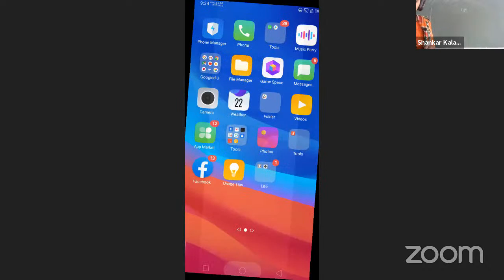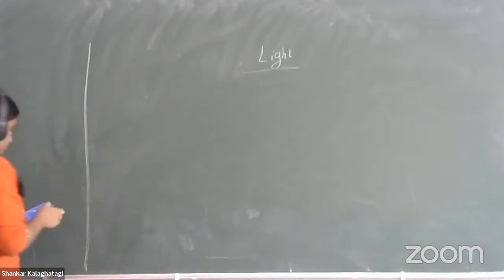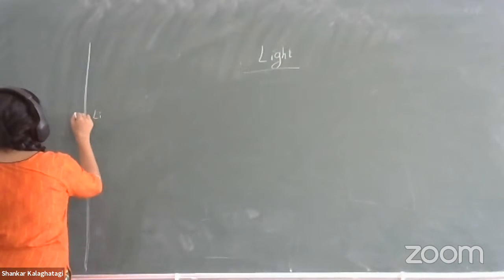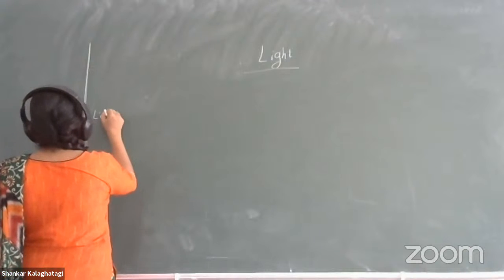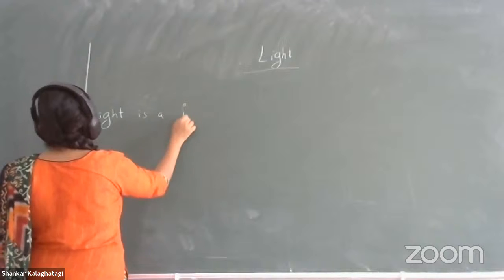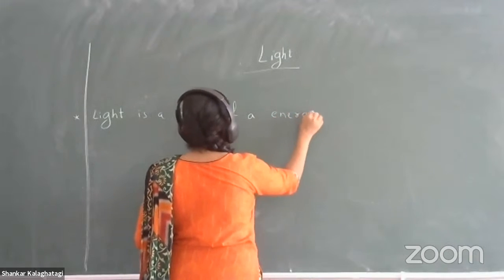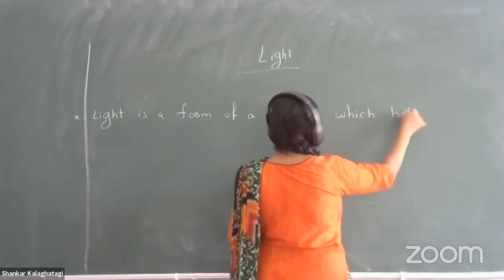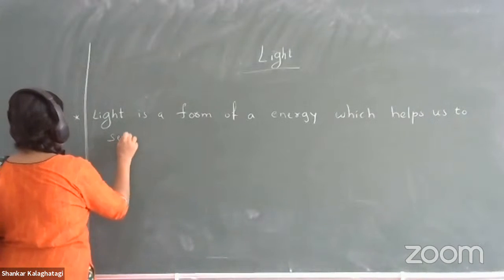Okay, we'll write the class work, students. All of you write the heading: Light. Light is a form of energy which helps us to see objects.